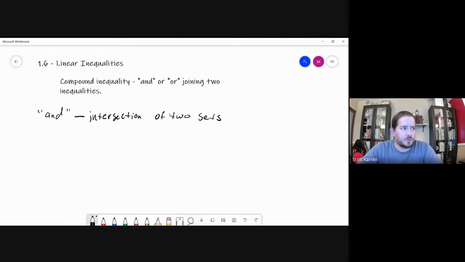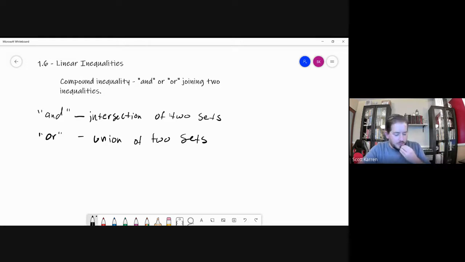as opposed to or. And when you see an or, then it's the union of those two sets, meaning that your solution is all of those numbers that solve one or the other or both, right?